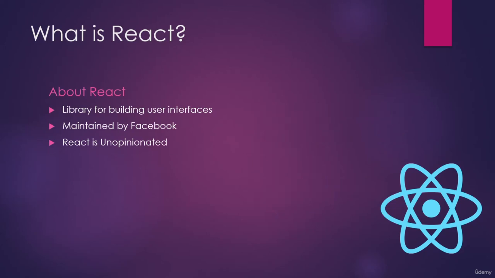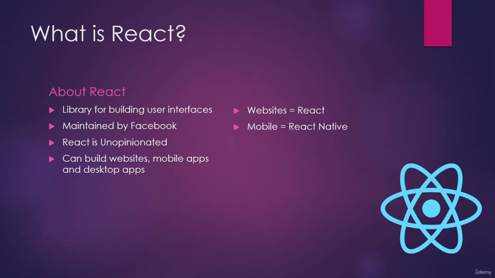So what can we actually build with React? Well, React can not only build websites, but we can also build mobile apps and desktop apps. Now, this course is actually going to concentrate just on building websites. But once you've mastered that, you may be interested to also learn about doing mobile development with React, in which case you can look at learning about React Native.